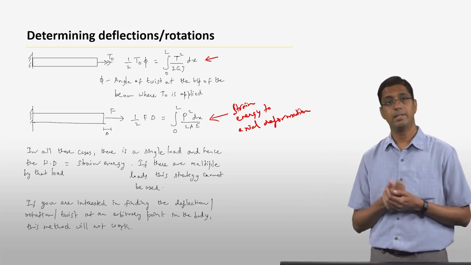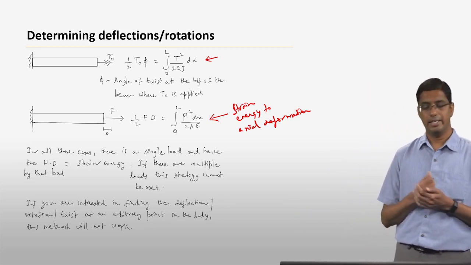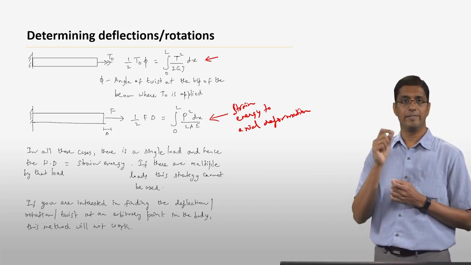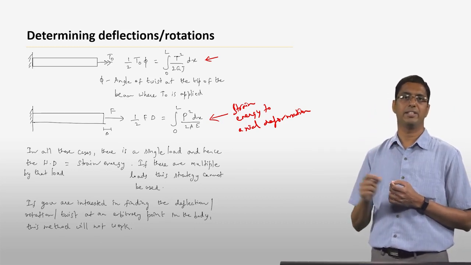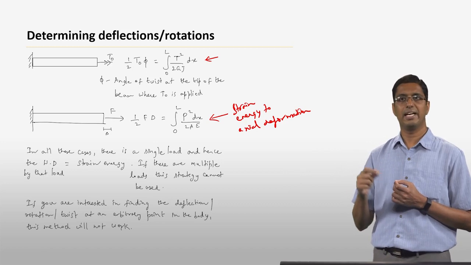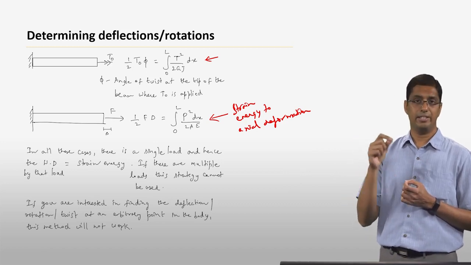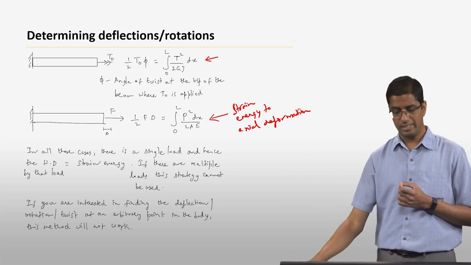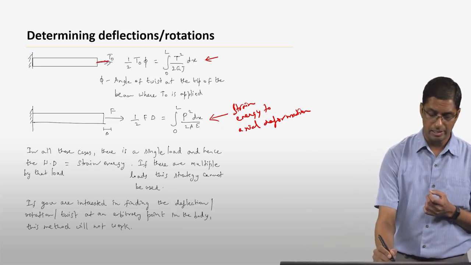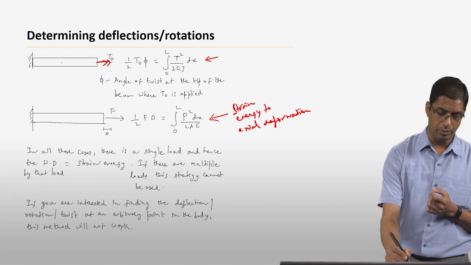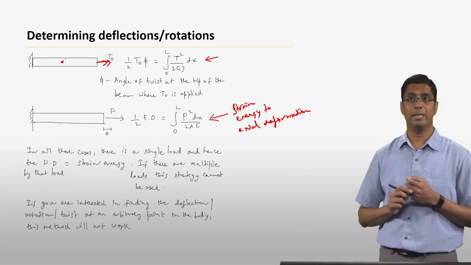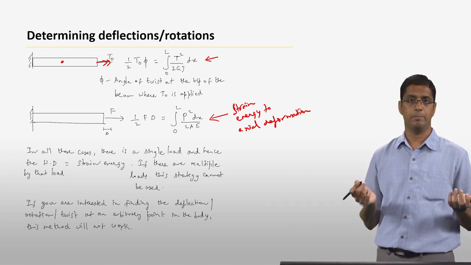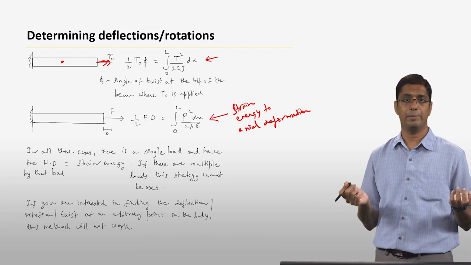That is one problem. The other problem is that in all these cases, we were looking at the deflection or the rotation or the angle of twist at the point where that force or moment or torque was applied. Now, for example, if you apply a torque at this point, but then you want to find the angle of rotation at some other point, this particular method is not going to help you.